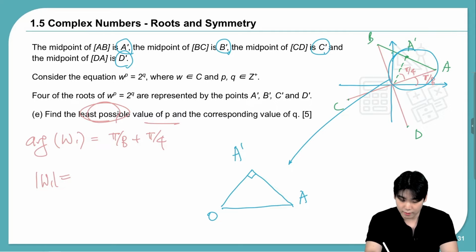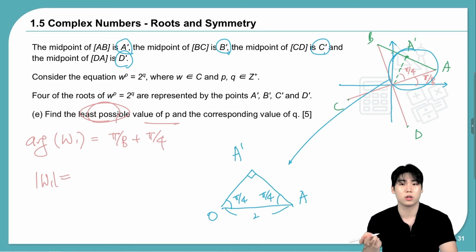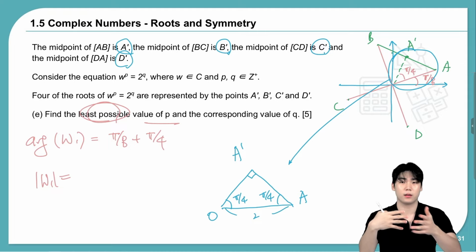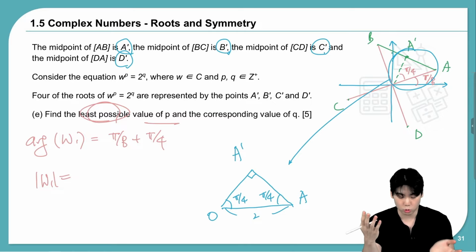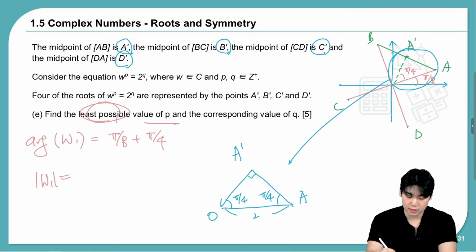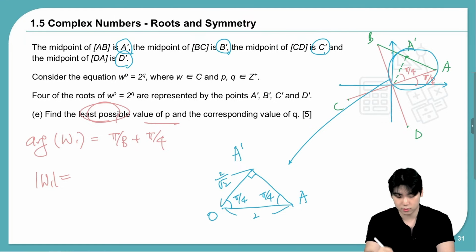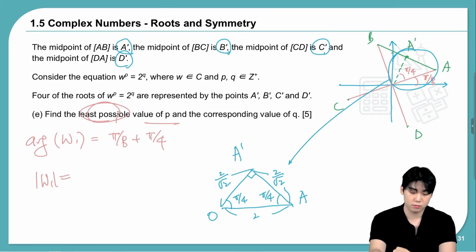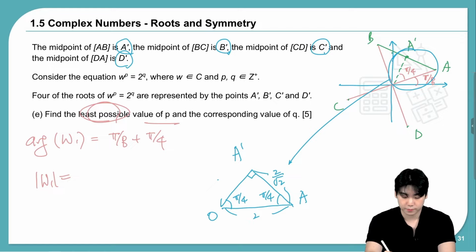So that means I have this angle to be pi over 4, and that is pi over 4 as well. And we know that this whole thing was 2, the modulus of each of the roots of z to the power 4, it was 2. And that means this is 2 over root 2. This is a standard angle, standard triangle. 2 over root 2, well, that is just root 2, isn't it? I'm just going to rewrite it as root 2.